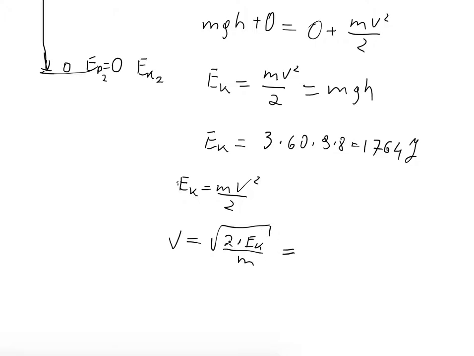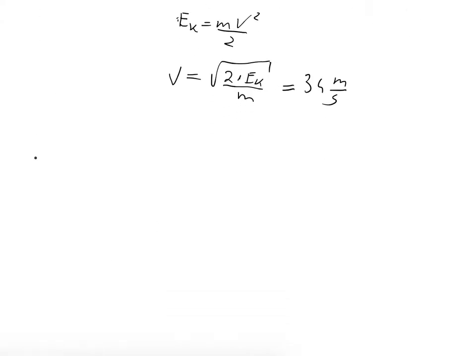If you substitute and calculate, you'll find that the speed will be equal to 34 meters per second. So that's question number 3. Swiftly on to question number 4. Question number 4 is essentially the same principle, where we have a body at point A, 50 meters above the ground. So let's draw it again.